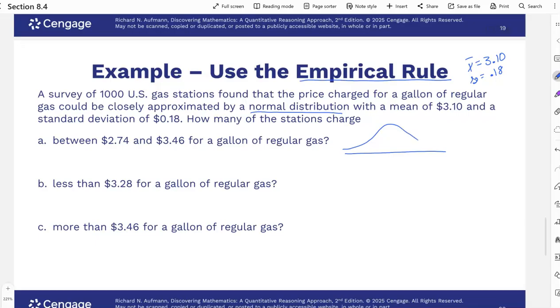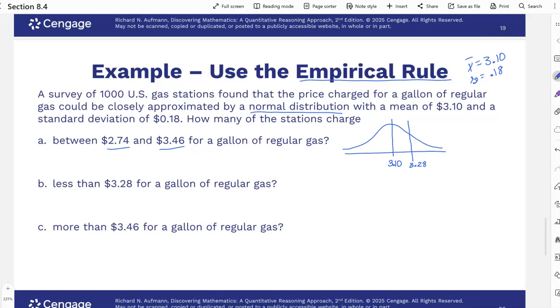I'm going to start by drawing a picture. I know the mean has to be in the middle. And I'm going to use the standard deviation to go above the mean and below the mean until I hit these numbers. So I add 18 cents to get 3.28.